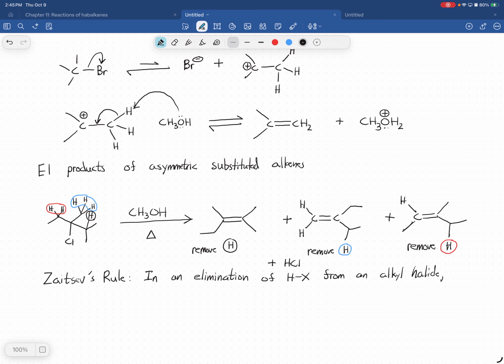The major product is the one that has more substituents. The more substituted alkene product, okay, is the major organic product.